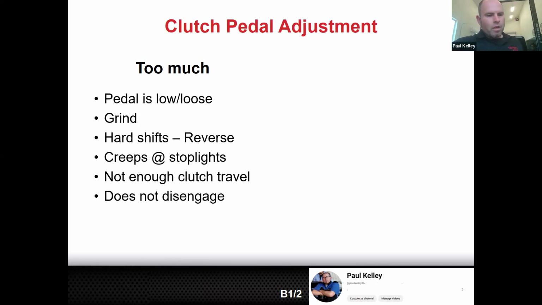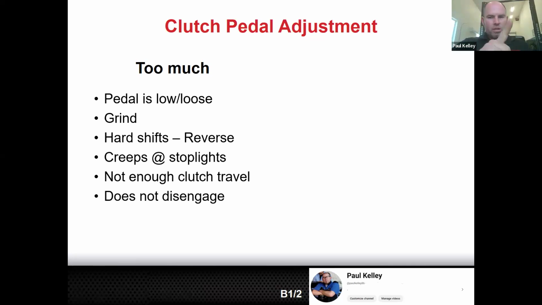Cool. Not enough clutch travel. That means it's still partially engaged. So here I am, I put the clutch pedal down, the clutch moves some, but it doesn't move as far as it's supposed to, which means it's dragging. Dragging is the clutch not disengaging all the way. All these tests realistically are when we're applying the pedal. Remember, applying the pedal means releasing the clutch.